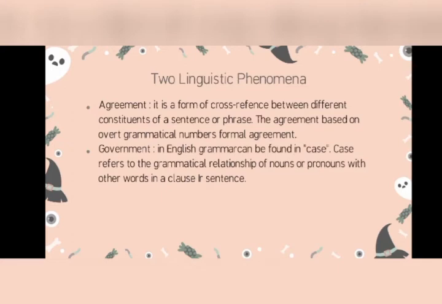Nominative or subjective: I, you, he, she, it, we, and they. Genitive or possessive: my, your, his, her, our, and their. Accusative or objective: me, you, him, her, us, and them.